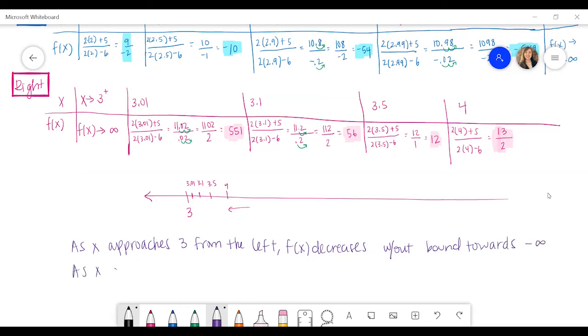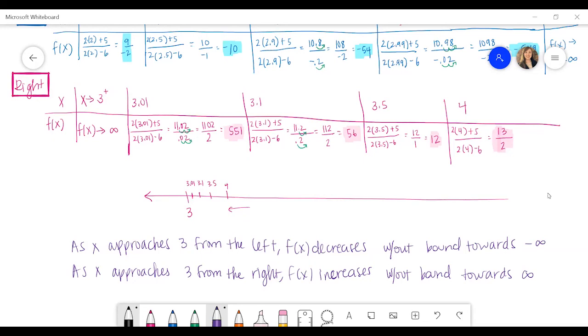And as x approaches 3 from the right, f of x increases without bound, this time towards infinity. And again, it should always be without bound. We're going to touch on that on the next page for some of the support.